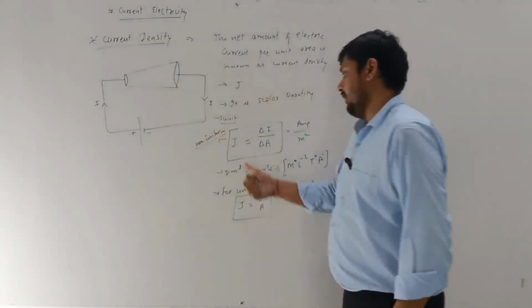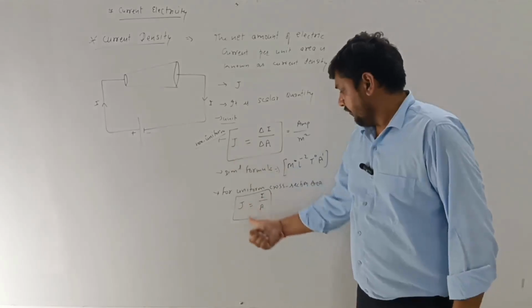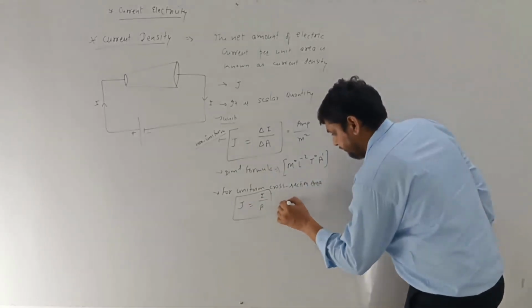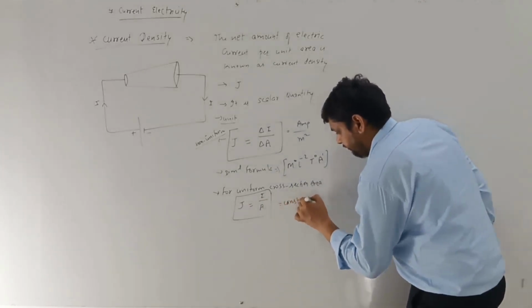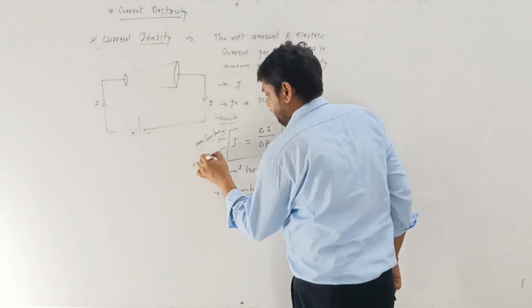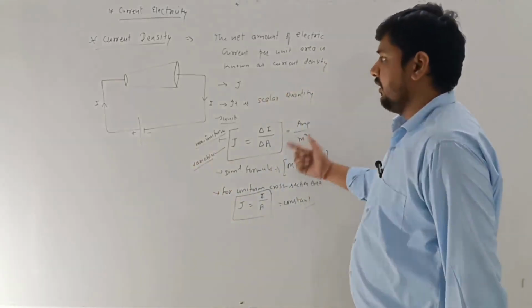For non-uniform, the value of J is variable. For uniform, the value of J is constant. So this is the concept of current density.